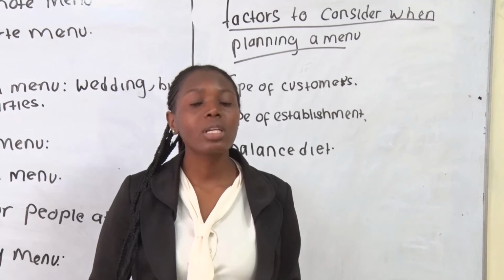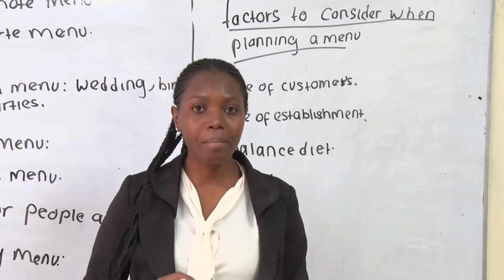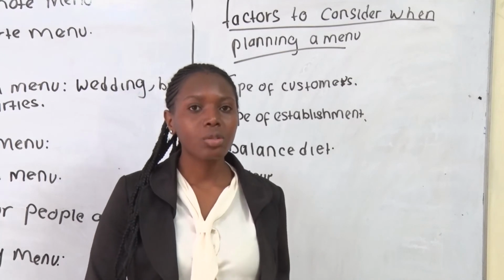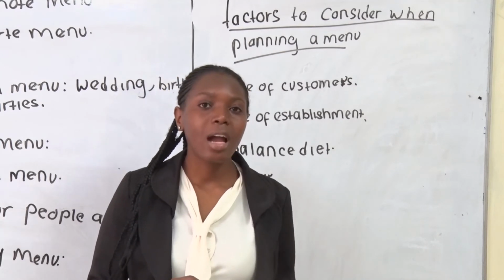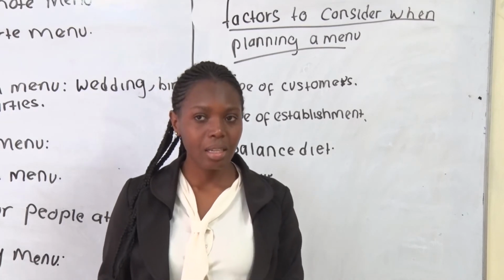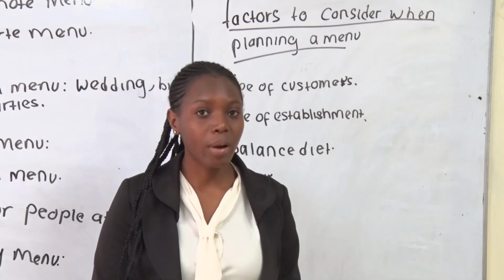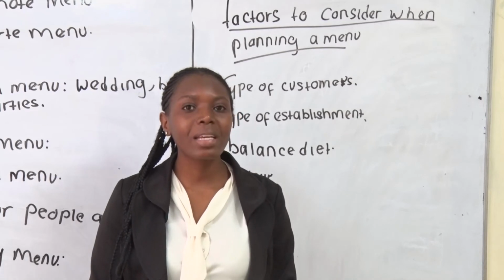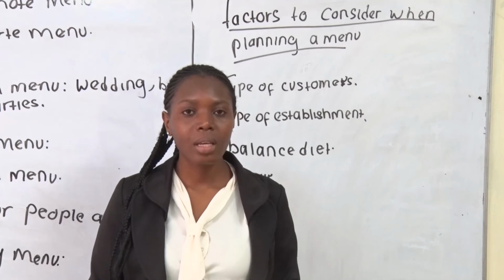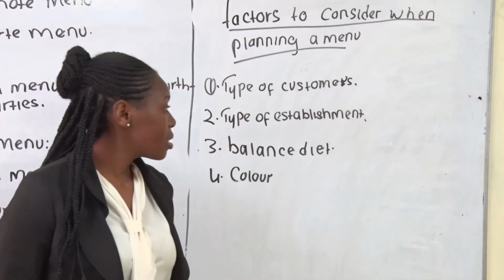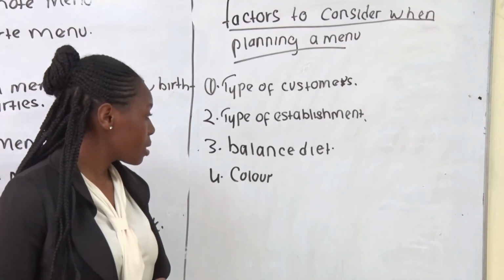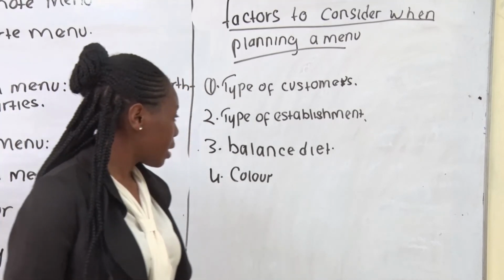For example, in the main meal, the proteins should have a brown color, then vegetables green, then starches white, so that it can be appealing, and that will stimulate the appetite of the guest. So you must look at the color.